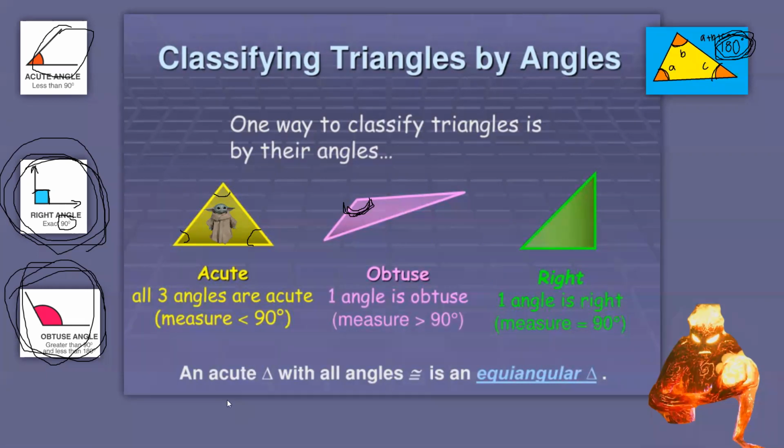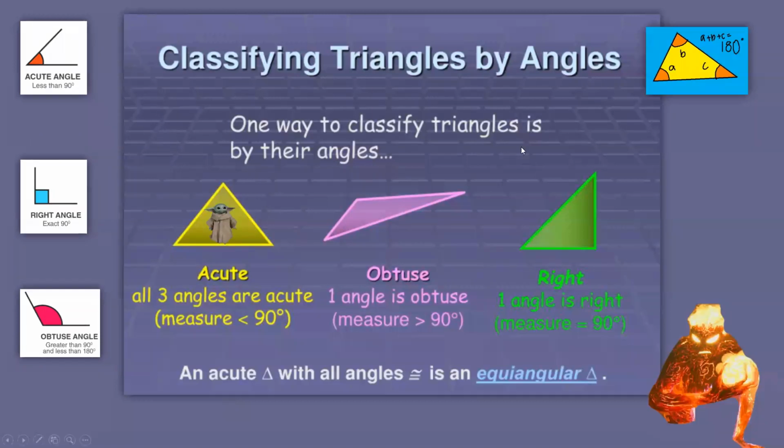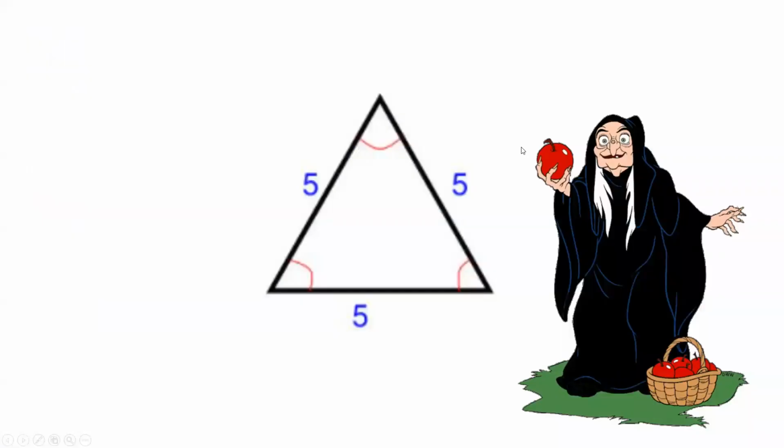All right, let's put this knowledge together real quick. Let's name this. The only thing that we didn't really talk about is you want to put those two names together. So you want to focus on the sides, focus on the angles, and then that is how you name a triangle. So first, let's look at the sides.